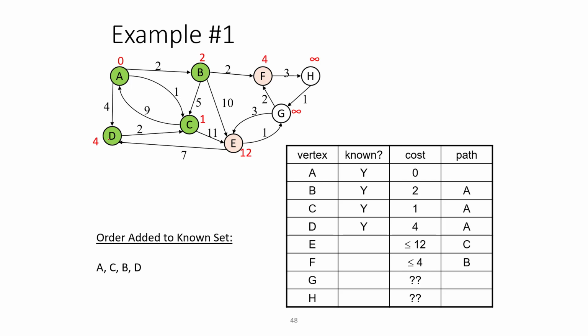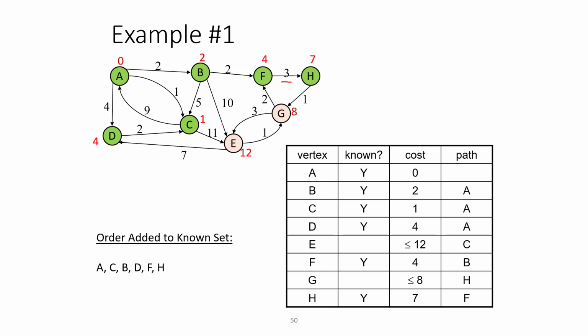So let's say I picked D, and then the next node that I can add will be F, and then the next possible minimum edge that I can add will be 3, because all these other edges are 5, 10 and 7.